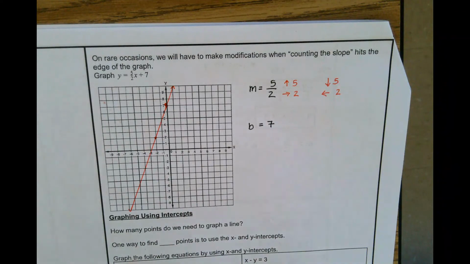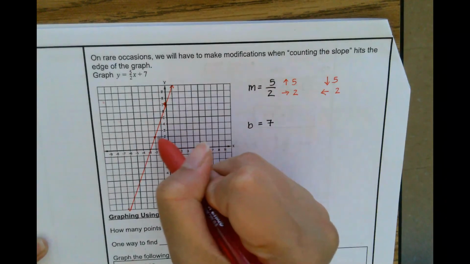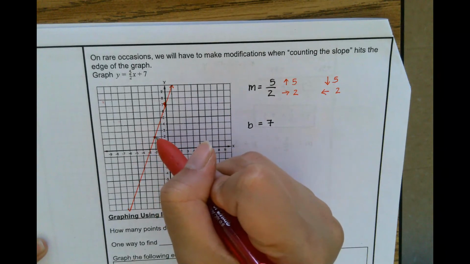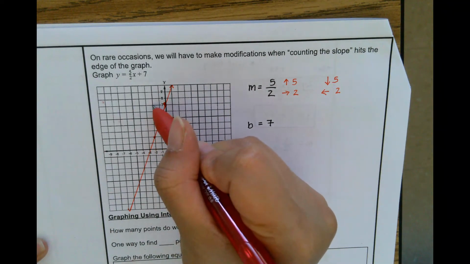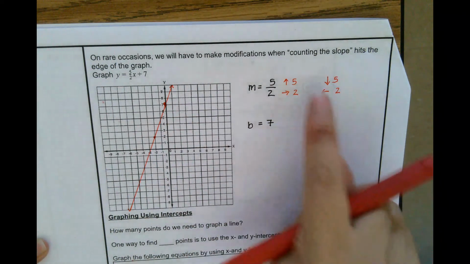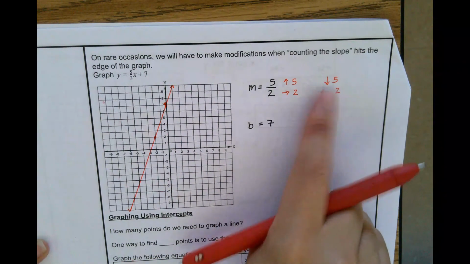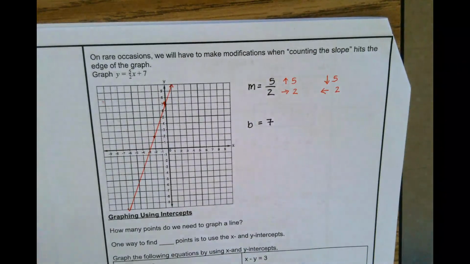So you can see that going down 5, left 2 is the same as me going up 5, right 2. So when counting the slope hits the edge of the graph, we're going to do the opposite for both. So that's it on graphing slope-intercept form.